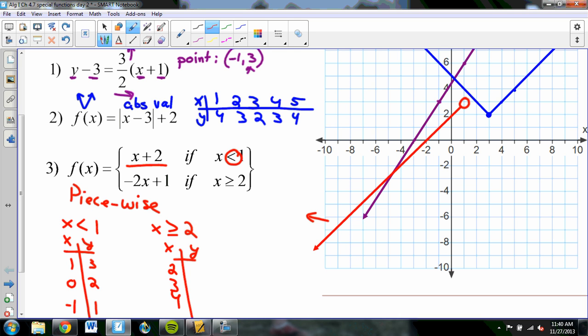So if I plug a 2 into this equation now, -2 times 2 is -4, plus 1 is -3. If I plug in a 3, -6 plus 1 is -5. I plug in a 4, -8 plus 1 is -7. So it's 2, -3, 3, -5, 4, -7.